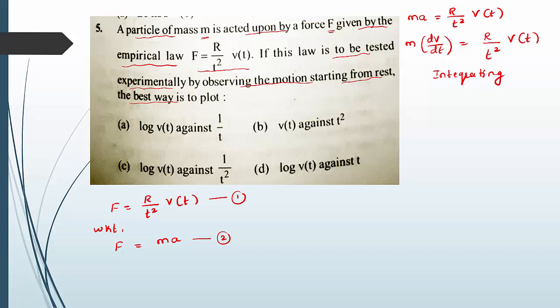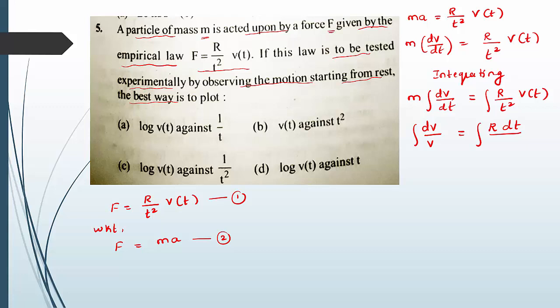Integrating the above equation on both sides, we can write m into integration of dV divided by dt is equal to, because m is mass constant, integration of R by T square V of T. For our convenience, I am going to write the V from the RHS here: dV by V is equal to integration of the remaining values, R into dt divided by m.